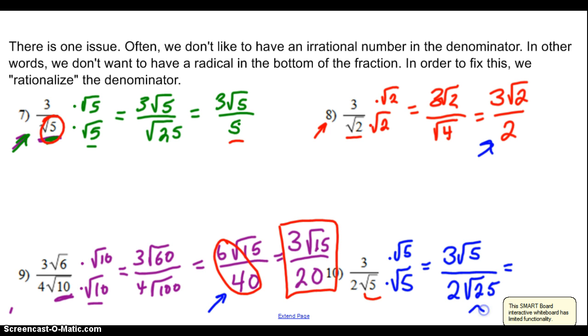We know that the square root of 25 is 5, so this is really 2 times 5, or 10. On the top, we've got 3 square root 5. There's nothing left to simplify. I can't reduce my fraction anymore, and there's no more radical in my denominator. So we've successfully rationalized the denominator for number 10.